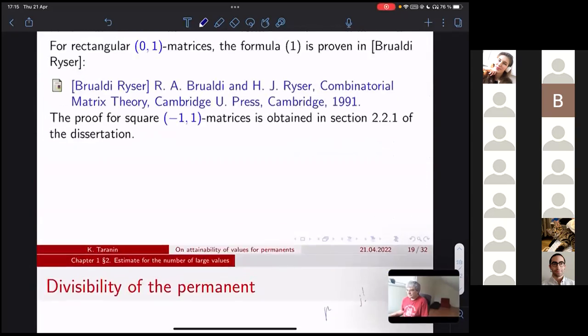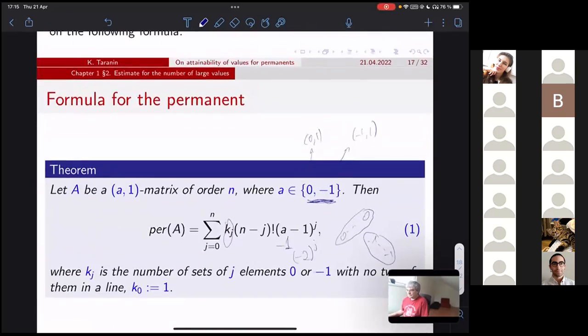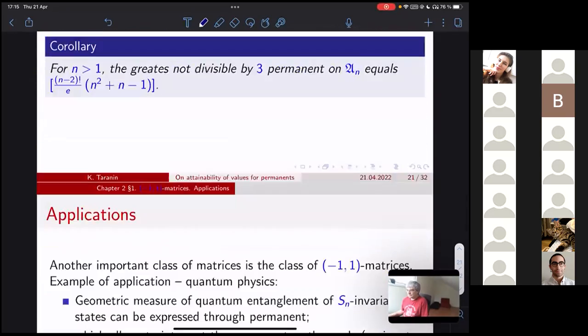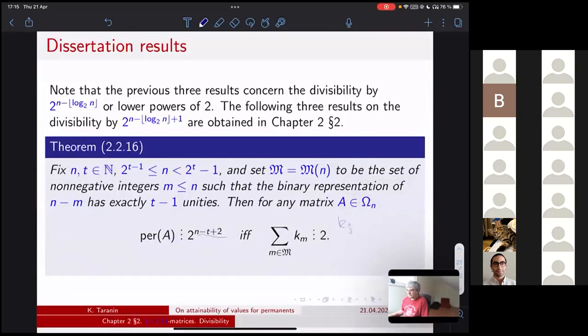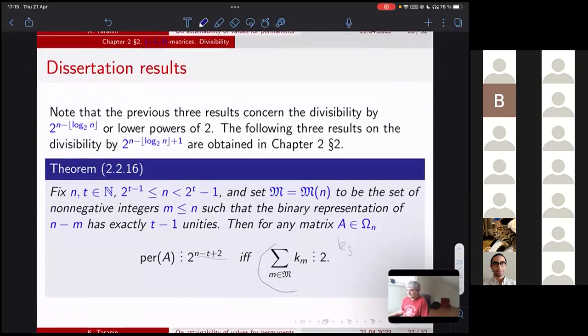Yes, here it is. So the sum of certain k_j is divisible by 2. So the sum over which set, the question is.